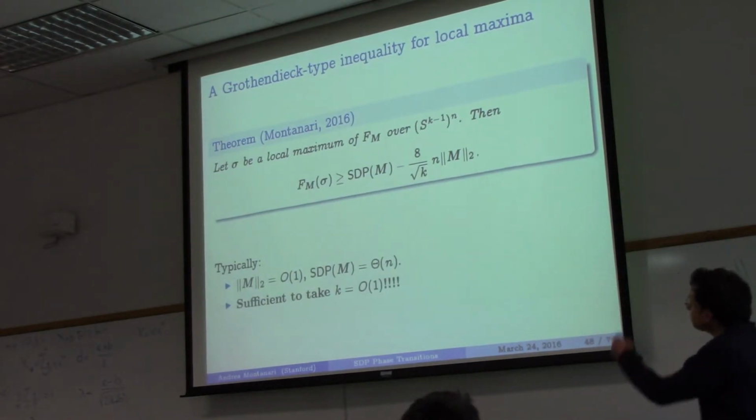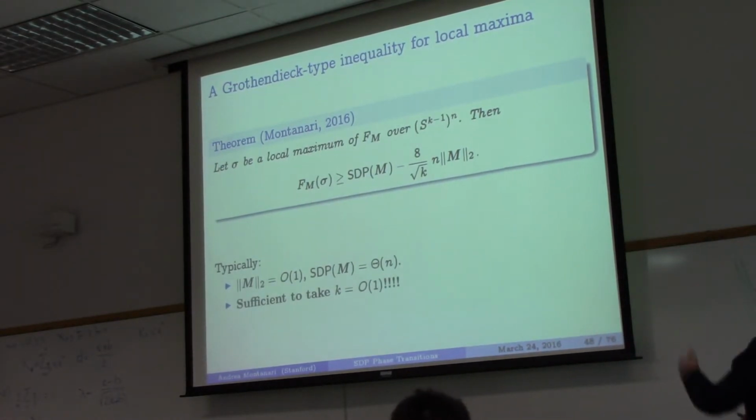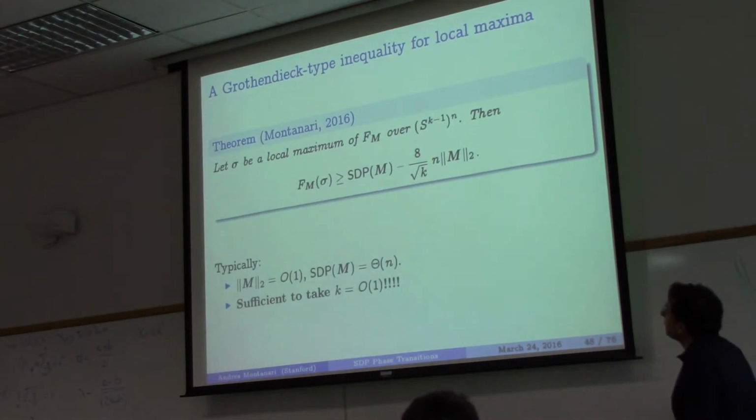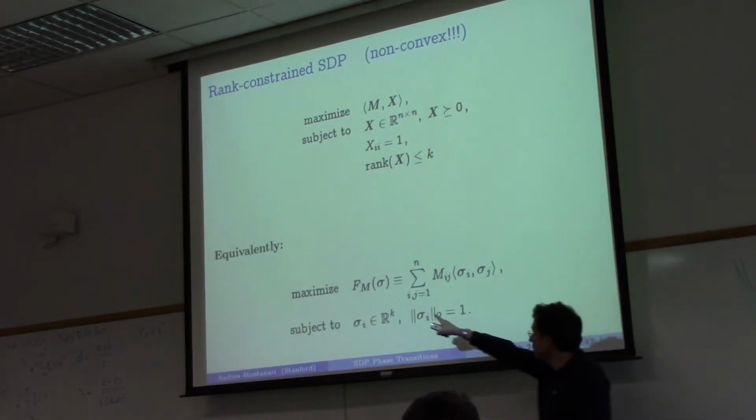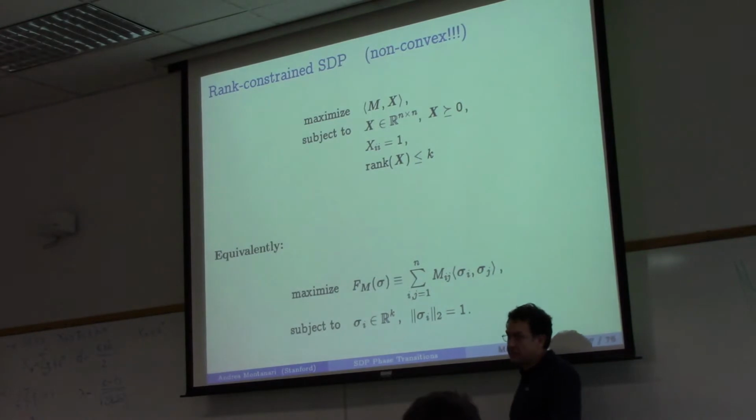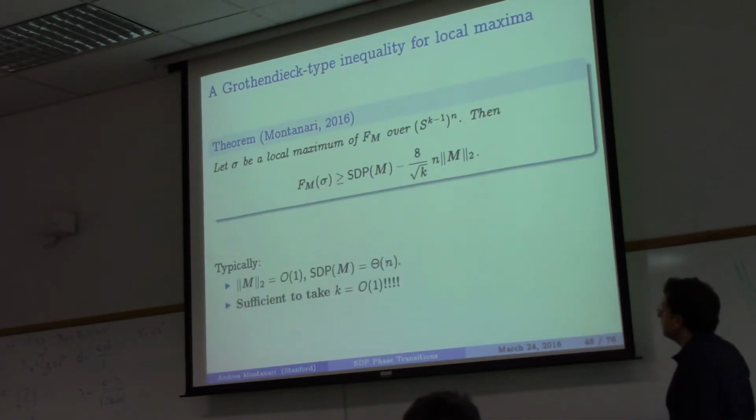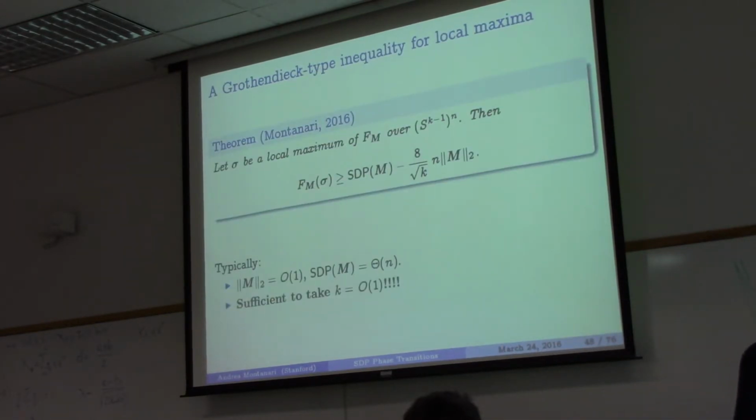But it's the following. Take this function that I'm trying to optimize. I call it fM, for any matrix M. Now I'm looking at it as an optimization problem, a maximization problem. So let me redraw this picture just to be clear.